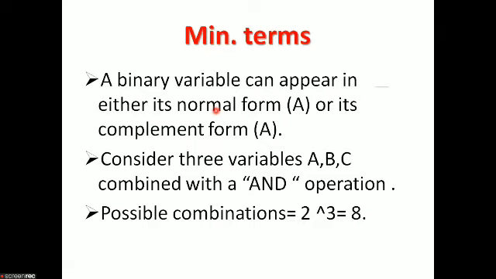In the later lectures, we will be learning about the K-map, but for now, we need to know what a min term is. For knowing the min terms, there are some points we need to know. The first point is a binary variable can appear in either of two forms. What are the two forms? First is its normal form. Suppose there is a variable A, the normal form is A only, or its complement form, that is A bar.